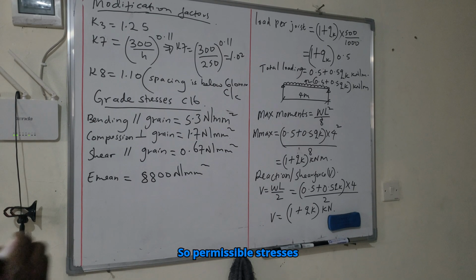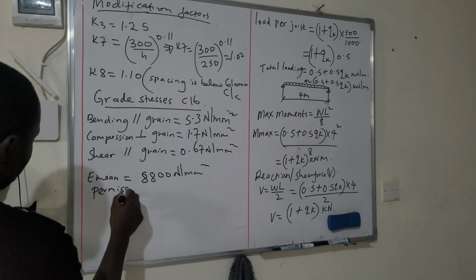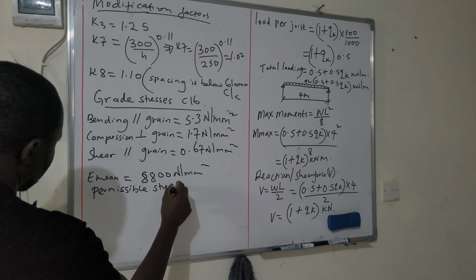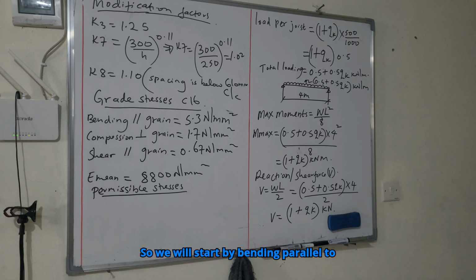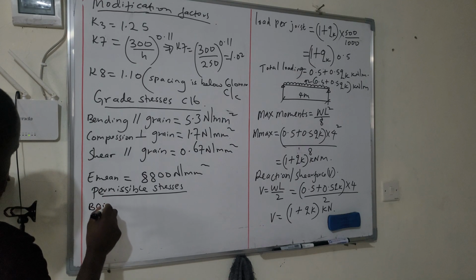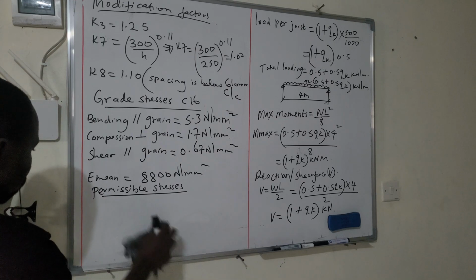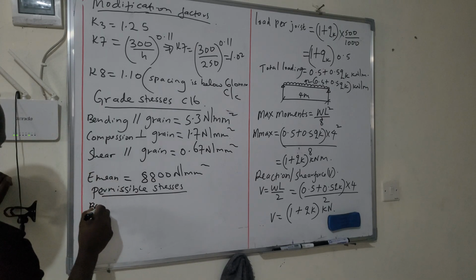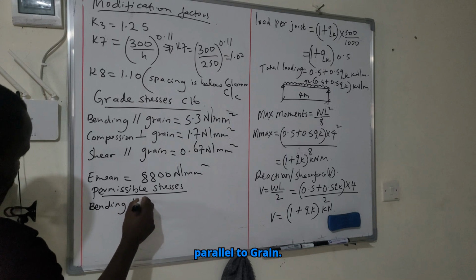So permissible stresses, we will start by bending parallel to grain.